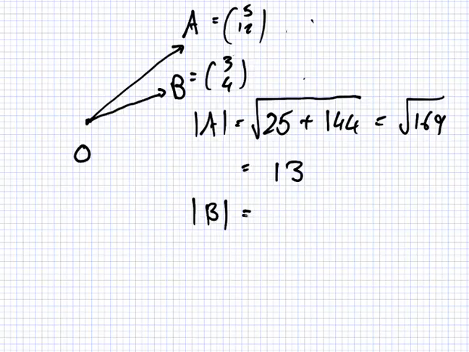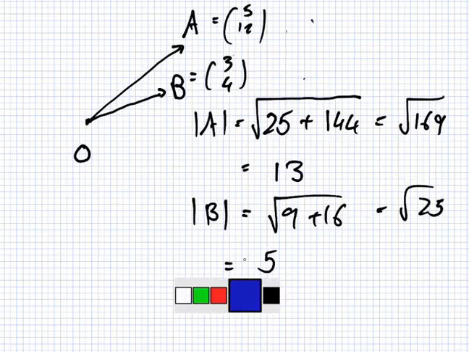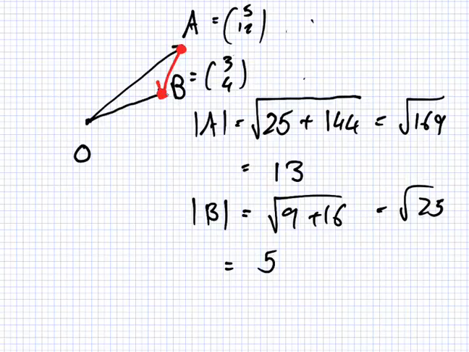It's 9 plus 16, which is root 25, which is 5. Now what I want you to do for me now is tell me the distance between A and B. So I want to know this distance here. Oh no, don't do anything, you try. I'll show you how to do it in a minute, but I want you to try yourself first. Give me the distance between A and B.